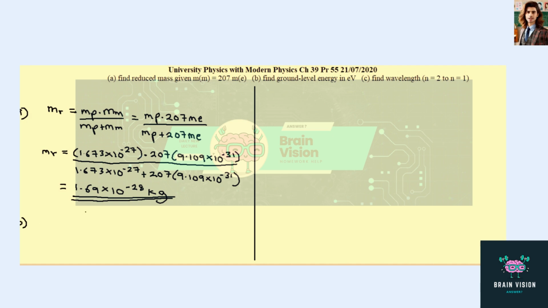For B, we are to find the ground level energy in electron volts. And I'm sure you'll recall this hideous looking formula for the energy of the nth level, giving us this.